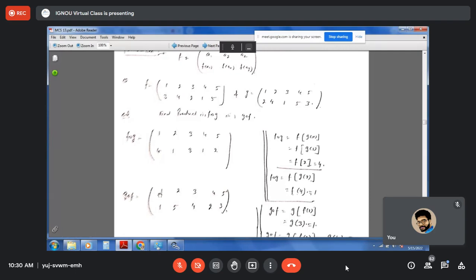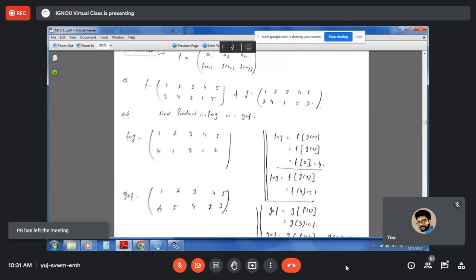Go to F. The image of 1 is 3. Then go to G. The image of 3 is 1. Then write here 1. Clear?